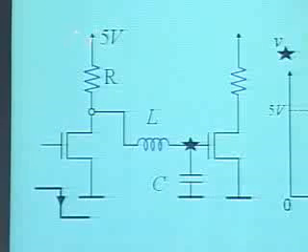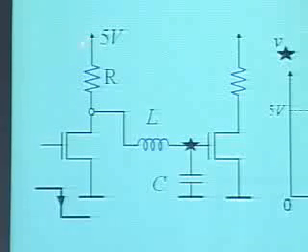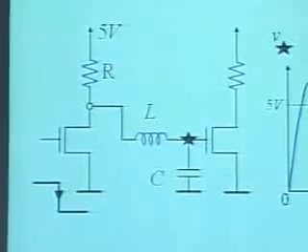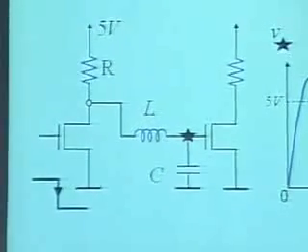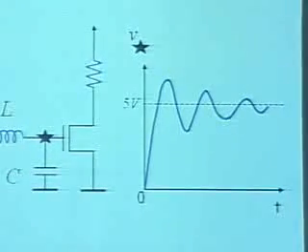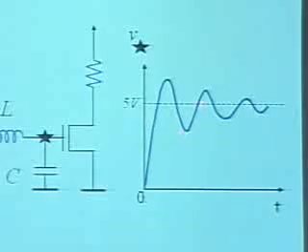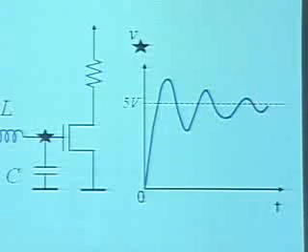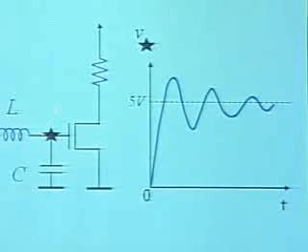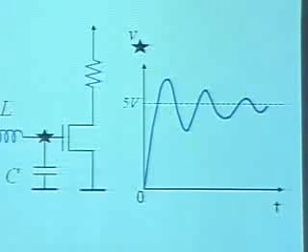So it is as if a 5-volt step was applied at this input. We also saw, using time domain differential equations, that by applying a step input here, the output looked like this. The output would show some oscillatory behavior when we have a capacitor and inductor.